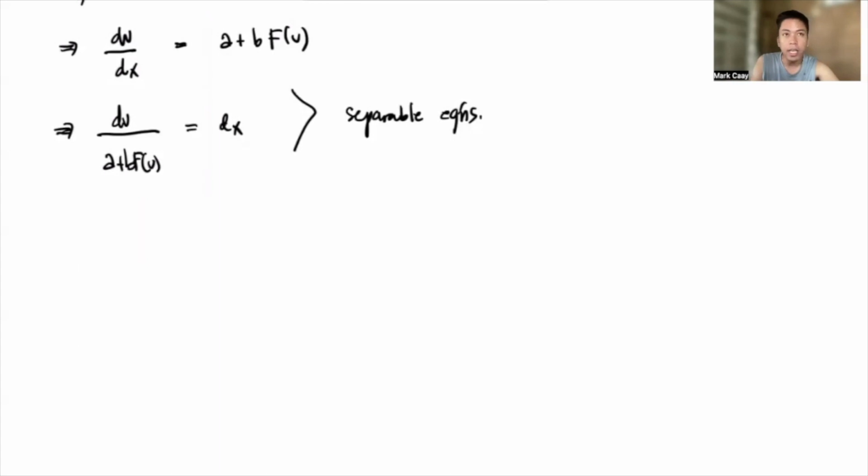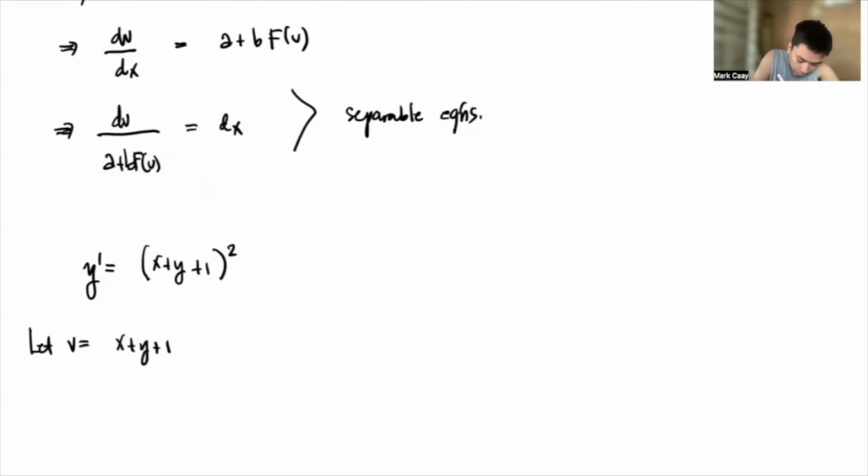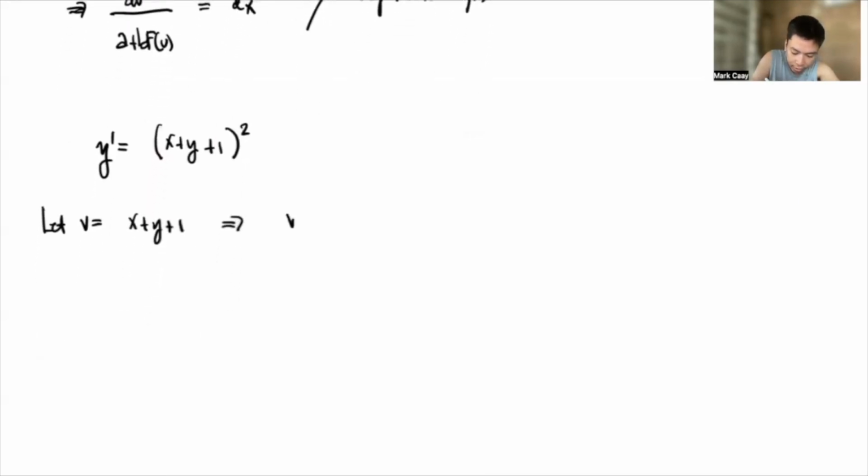And because we already have an idea about solving separable equations, let's say for example, you have y prime equals (x plus y plus 1) squared. Again, this is not separable, right? But you can let v be x plus y plus 1. If I take the derivative of v, I'd get 1 plus y prime plus 0.